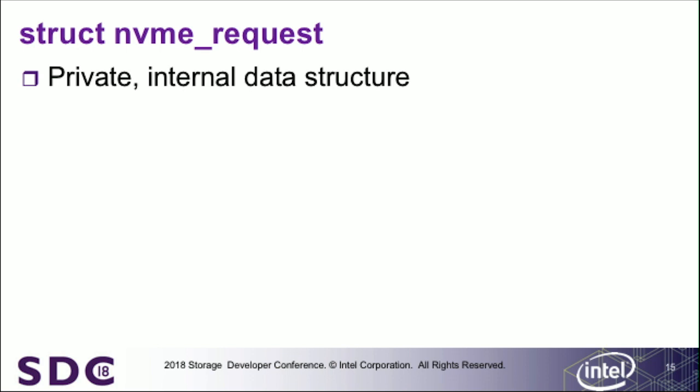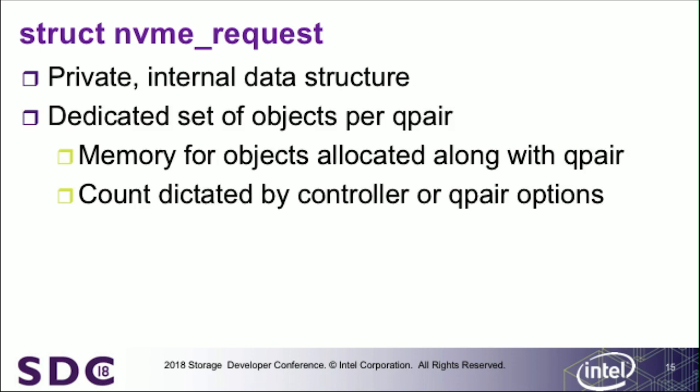Okay, so struct NVMe request. This is not part of the driver API, but it's a pretty critical data structure within the driver itself. We wanted to avoid a couple of things. First was anything expensive.